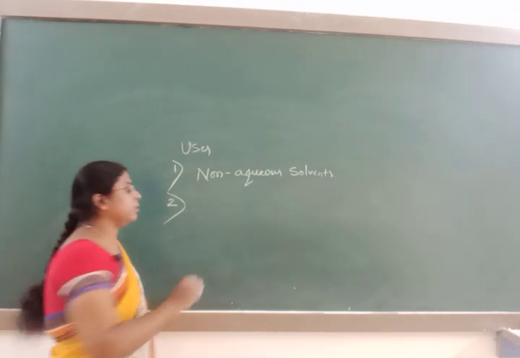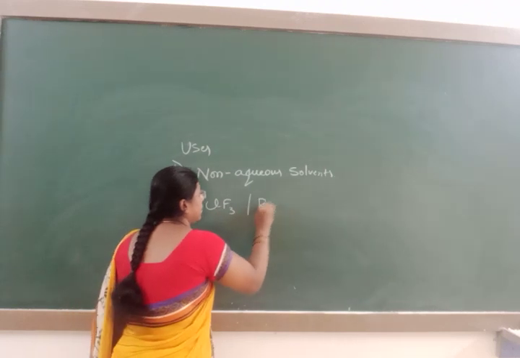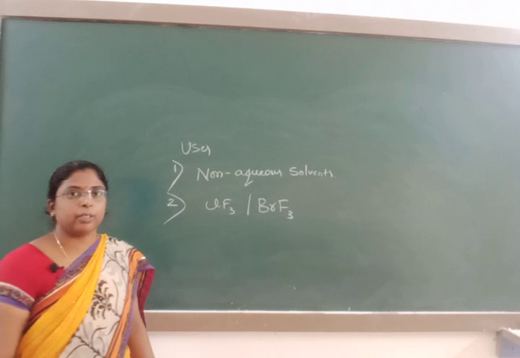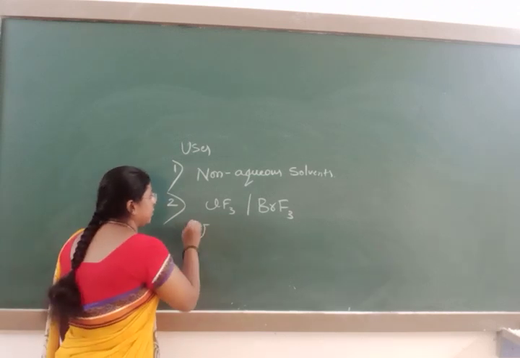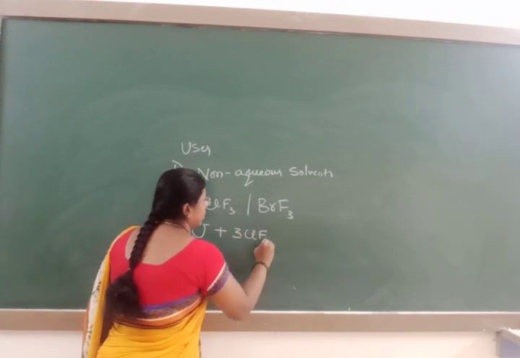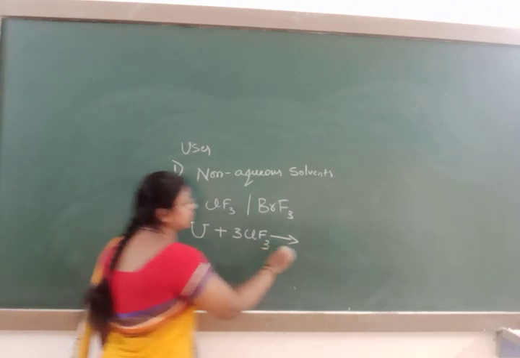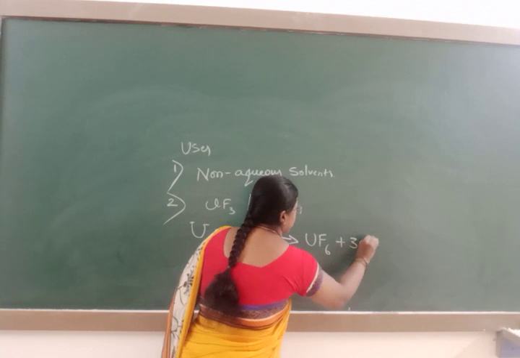For example, ClF3 as well as BrF3 act as fluorinating agents. They provide fluorine atoms when they react with uranium. When uranium reacts with ClF3, it forms UF6, along with 3 ClF.